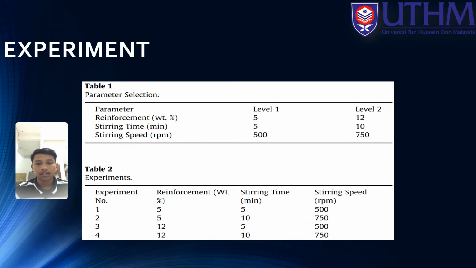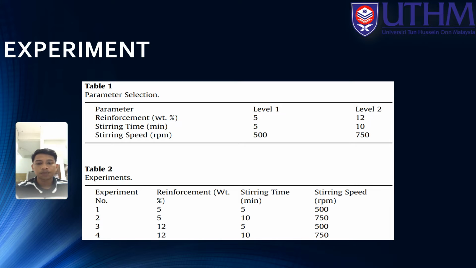So the next slide, as we can see, Table 1 parameter selection. Parameter is level 1: reinforcement 5, stirring time 5, stirring speed RPM 500.